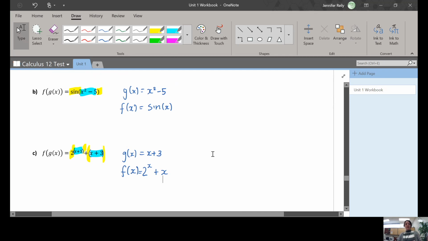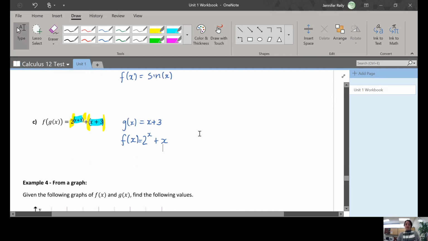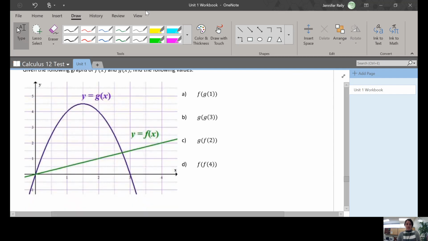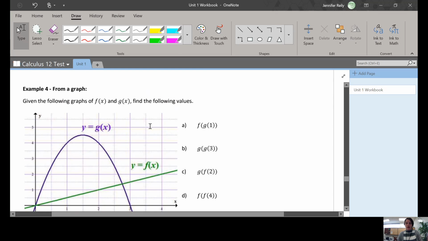We're going to now practice composing functions on a graph. So when you do this, we're actually going to get numerical values now because I'm actually asking you to input numbers. So when you want to answer f of g of 1, what you're really doing is you're starting with an input, which is x equals 1, and you're inputting it into g of x.